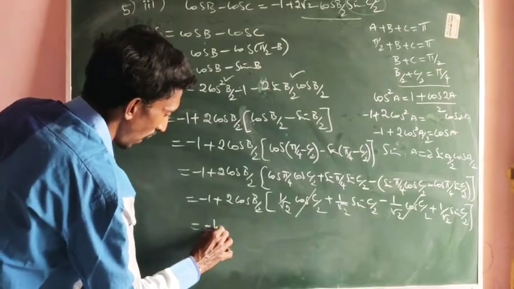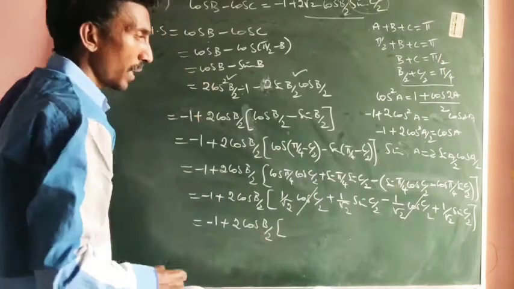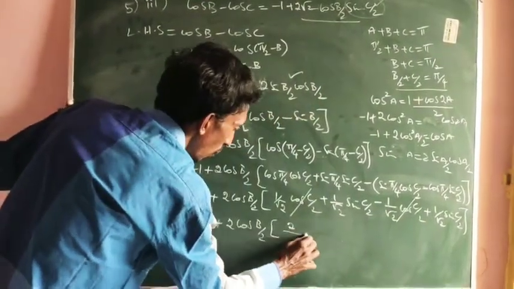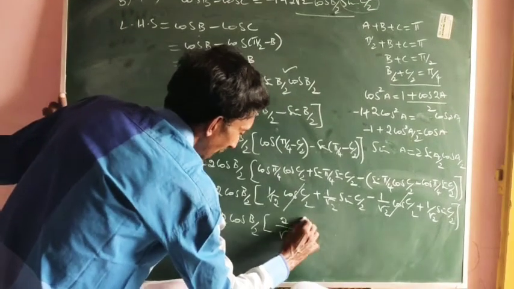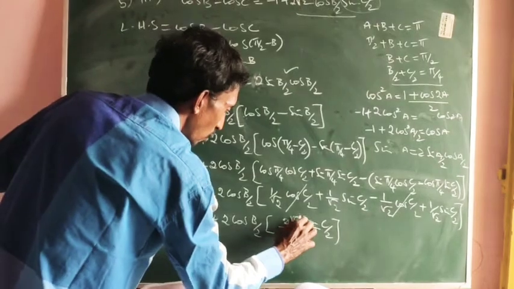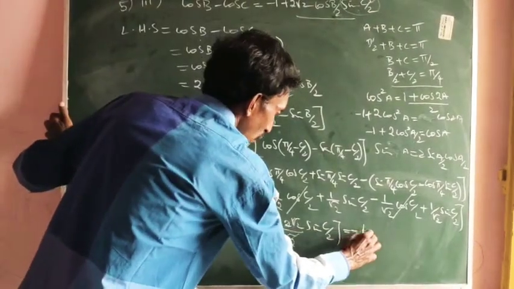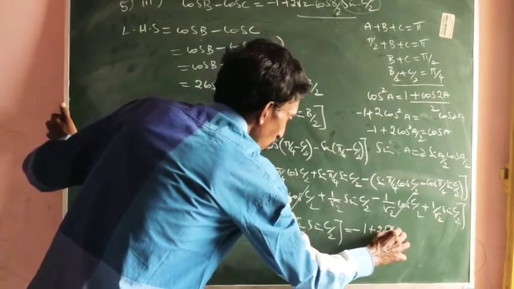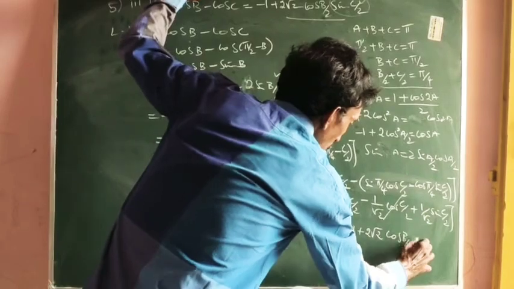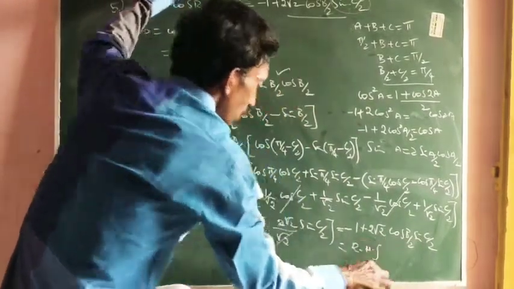So minus 1 plus 2 cos B by 2, these two are equal. So 1 plus 1, 2. 2 by root 2 sin C by 2. So 2 if we cancel root 2, again multiply, we are getting minus 1 plus 2 root 2 cos B by 2 sin C by 2, that is the RHS.